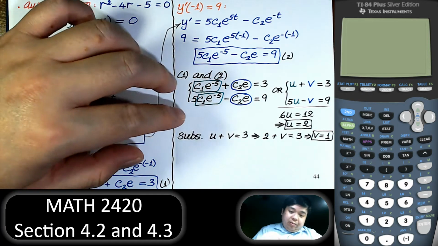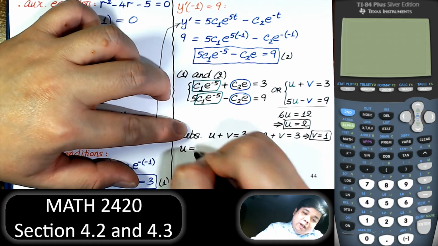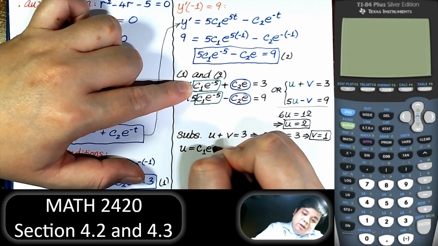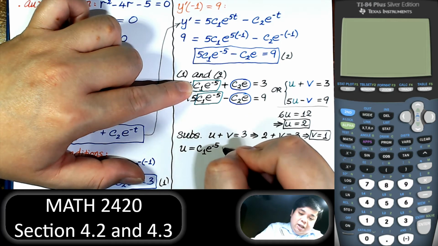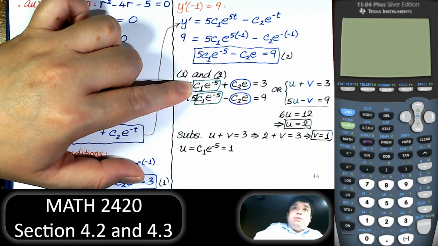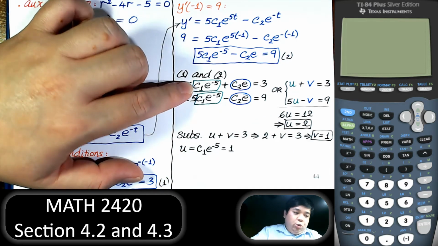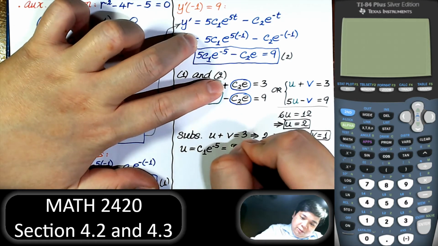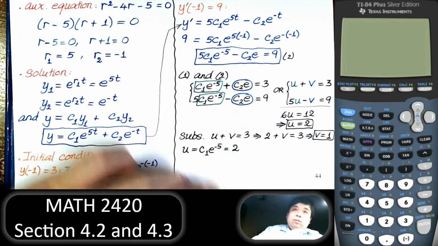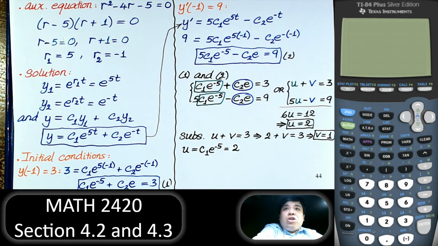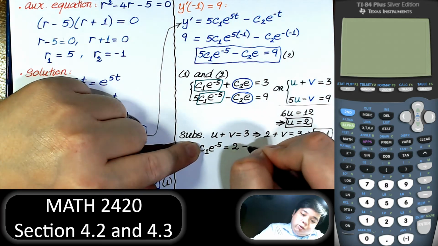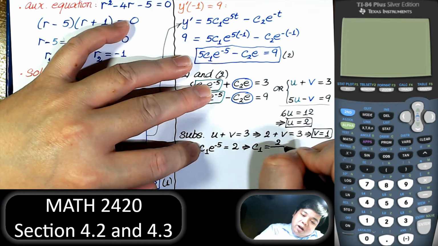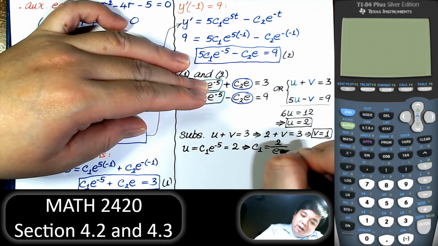Now finally, u is equal to c1 e to negative 5, and u equal to 2. So how do we solve for c1? To solve for c1, we divide 2 by e to negative 5.